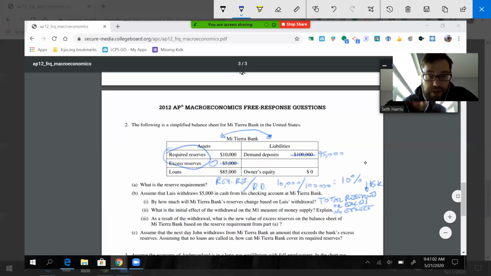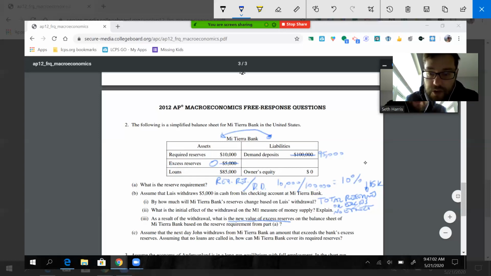All right, so I mentioned part 3. As a result of the withdrawal, what is the new value of excess reserves on the balance sheet of the bank based on the reserve requirement from part A? I didn't do anything with the reserves earlier. I said I would come back to it. If you didn't realize that it changed before, that's a clue that maybe something happened.